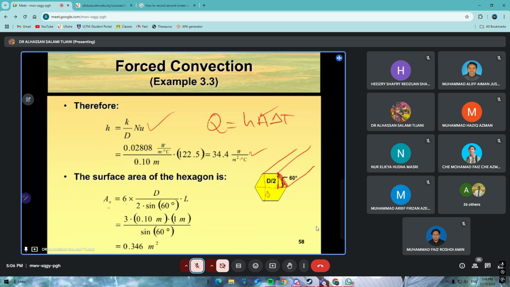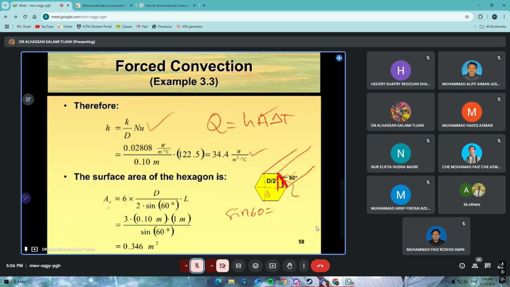So if you cut it into 2, it becomes d over 2. So if I know this height and I'm interested in this width, then sine 60 equals opposite over adjacent.